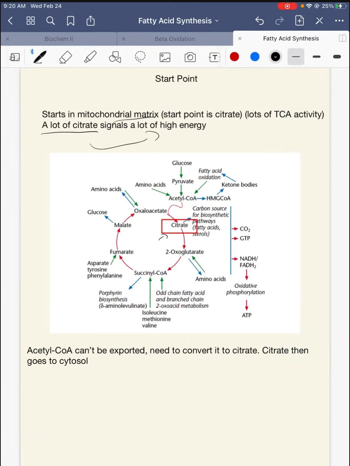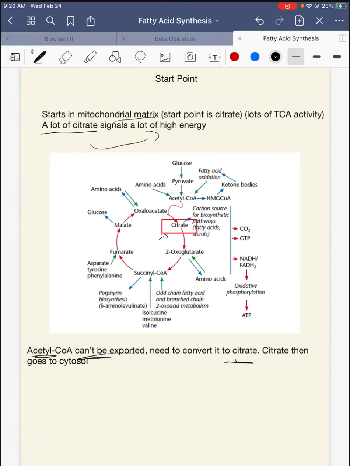So usually, whenever citrate is exported, the cell knows it's going to do fatty acid synthesis. The reason we convert to citrate, like I mentioned, is because acetyl-CoA can't cross the membrane. And we'll talk about the transporter that the cell uses to accomplish this task.